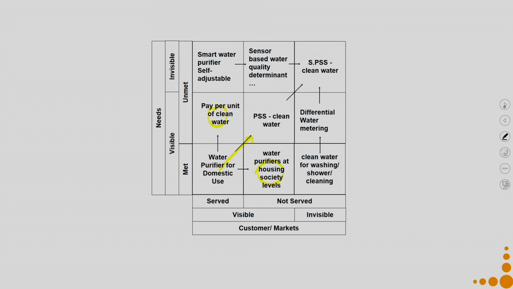Now, when I want to introduce that you can have clean water for all these purposes and I will clean it to an optimal degree for each of the purpose, I also need a differential water metering system. So, if I am cleaning the water to degree X, I charge you per unit for so much of money. If I am cleaning it for say showering, I will charge you for so much of units. So, when I can design such kind of a differential water metering system, I can move towards the SPSS for clean water.